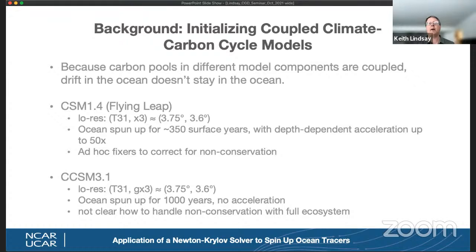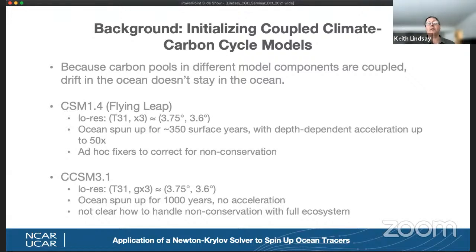And one of the challenges when you are coupling carbon pools from different components to each other and doing this in a conservative way, the net carbon in the system is conserved. And so because the carbon pools are coupled this way, drift in the ocean model doesn't stay in the ocean model. This is not Las Vegas. So we want to have a drift-free run so that we don't have drift from one component affecting the other.